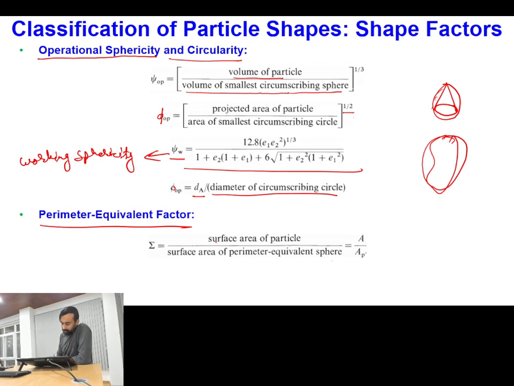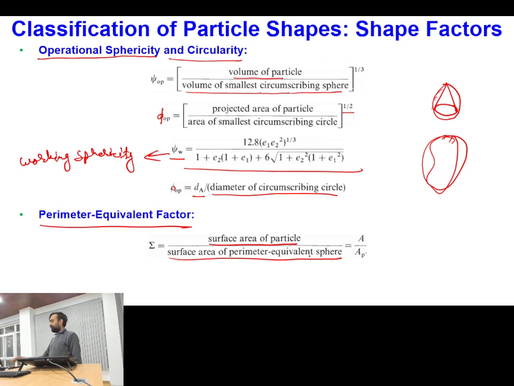The perimeter equivalent factor is the surface area of the particle divided by the surface area of the perimeter equivalent sphere. That is, the actual surface area of the particle divided by the surface area of the equivalent sphere whose projected area is the same as the particle's projected area. Is this one clear?